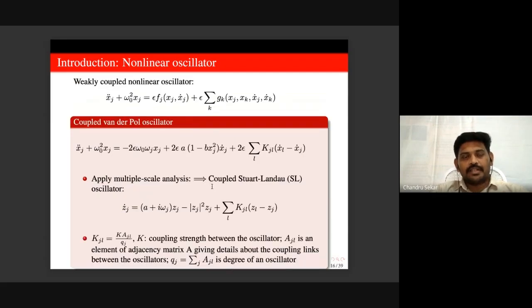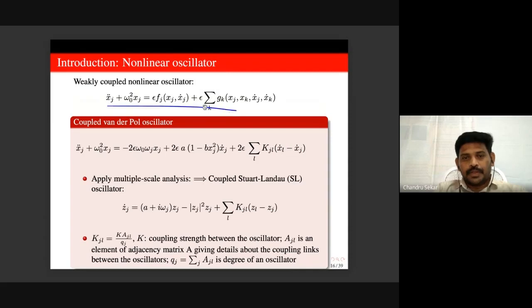Okay, so next I consider coupled nonlinear oscillators, since coupled nonlinear oscillators are the best candidates to study complex systems. For that I consider weakly coupled nonlinear oscillators of this form.